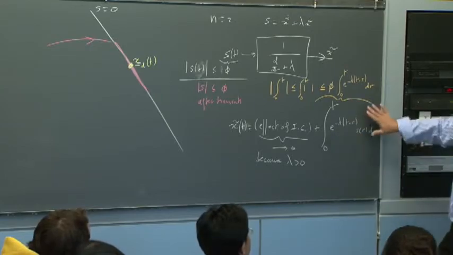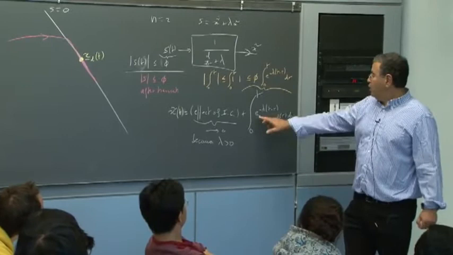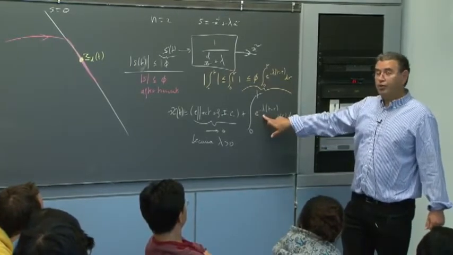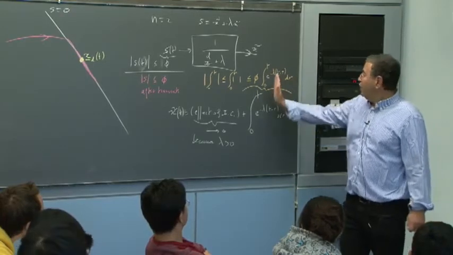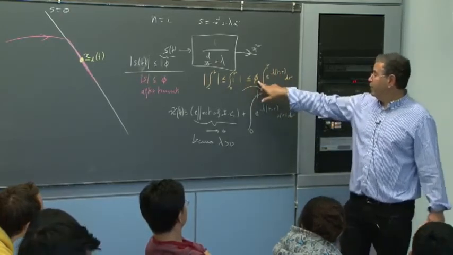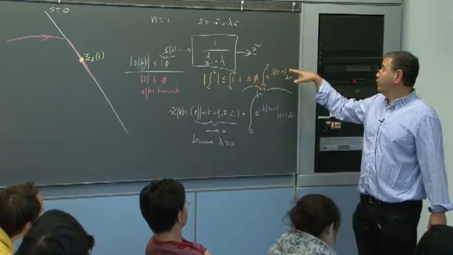We have taken the absolute value of this, which is less than the integral of the absolute value. Here we have a product of two terms. One is positive, and the other one is the absolute value of s. The absolute value of s we can bound by taking phi out of the integral, and then we are just left with the integral of this exponential.